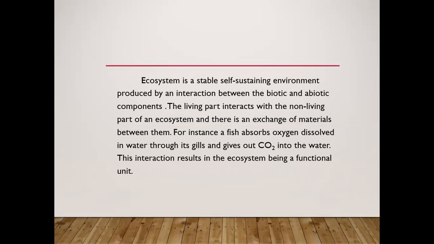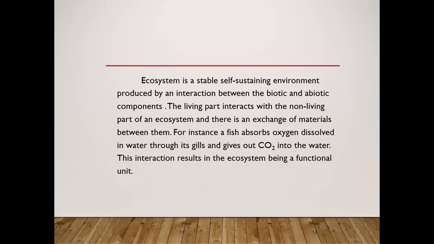Ecosystem is a stable, self-sustaining environment which is produced by interaction between biotic and abiotic components in an environment. Okay? Talking about biotic and abiotic. Biotic means living, abiotic means non-living.